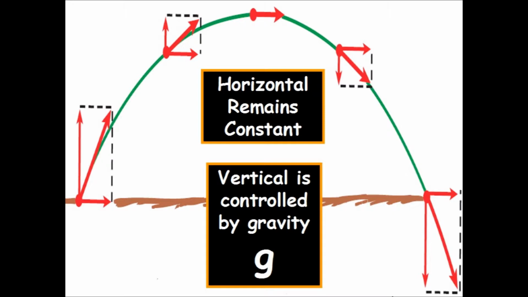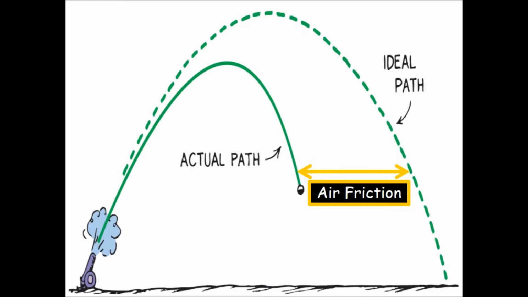Now, always remember, we're talking about ideal paths, especially when we're beginning this. If you want to talk about the effects of air friction, then that's going to be a higher level physics course. But just to understand that, yes, there's an actual path and an ideal path.